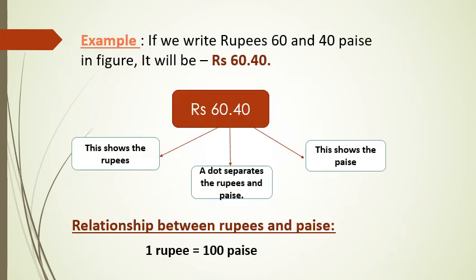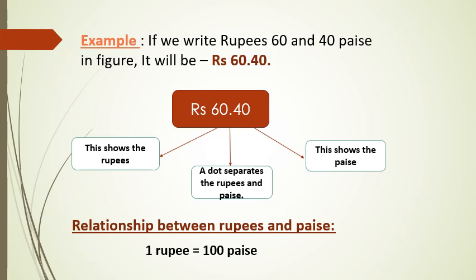For example, if we write rupees 60 and 40 paise in figure, it will be rupees 60.40.